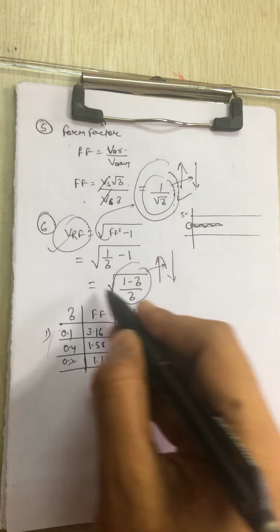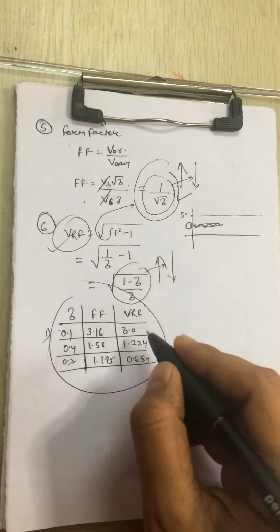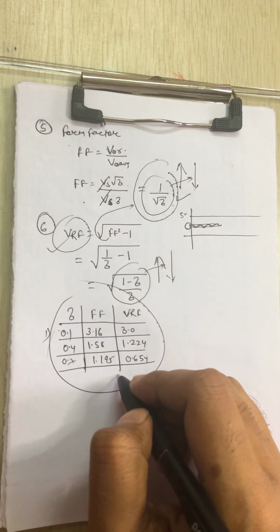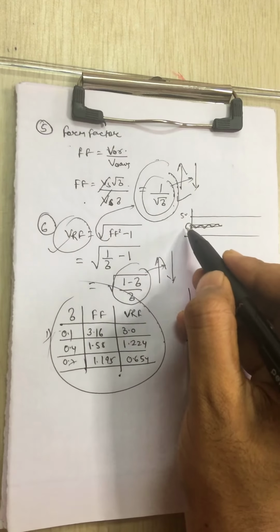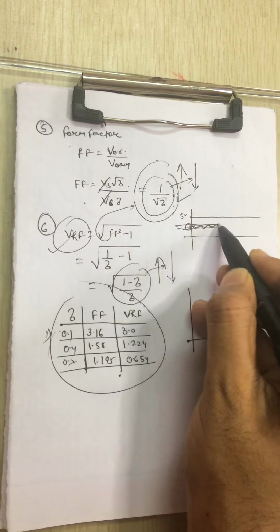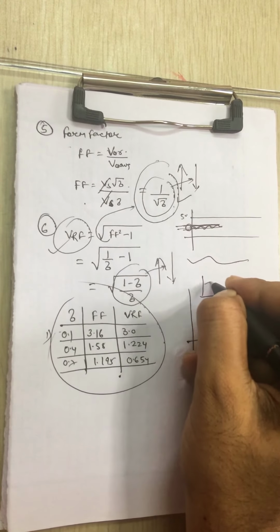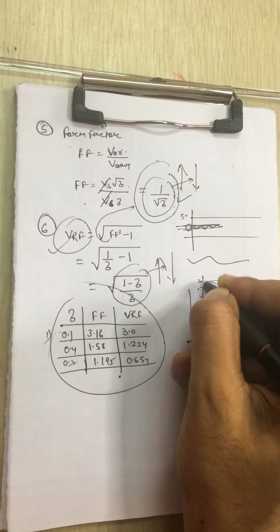From the above table, what we are seeing is that if you increase the value of delta, the form factor is decreasing as well as the voltage ripple factor is decreasing. Suppose the upper peak is 2 volt and the lower peak is 1 volt, so there is a fluctuation of 1 to 2 volt.